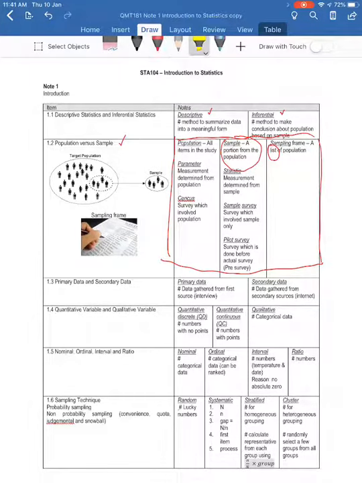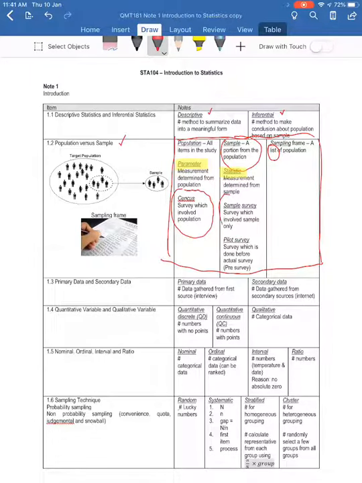Whatever you get from the population, we call it a parameter, and whatever you get from the sample, we call it a statistic. There are 3 types of survey basically. Census, when you do a survey which involves the population.